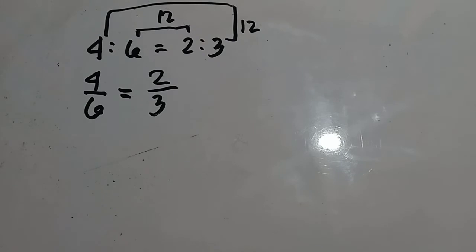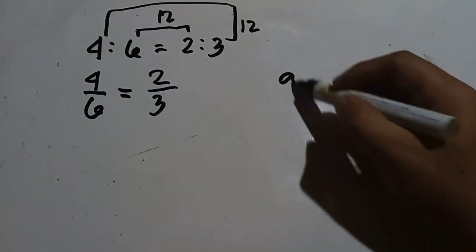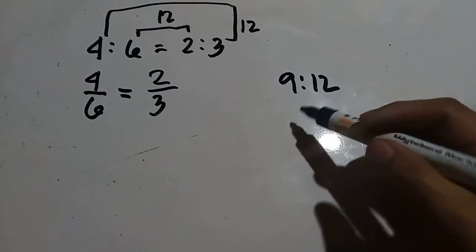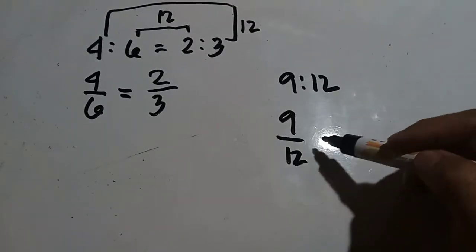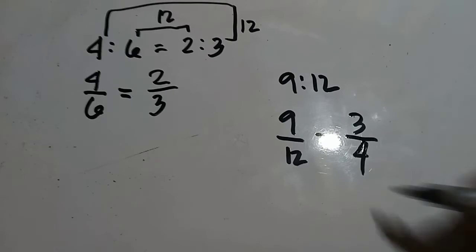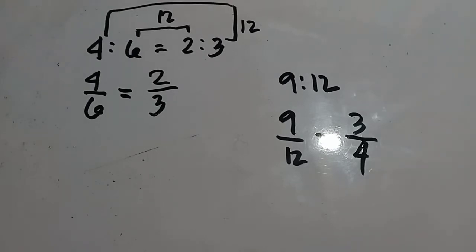So, another example. 9 is to 12. So, in simplest form, ito ay magiging 9 over 12 equal, simplest form, divide both sides by 3. So, 9 divided by 3, that is 3. 12 divided by 3, that is 4. Okay. Is it a proportion?